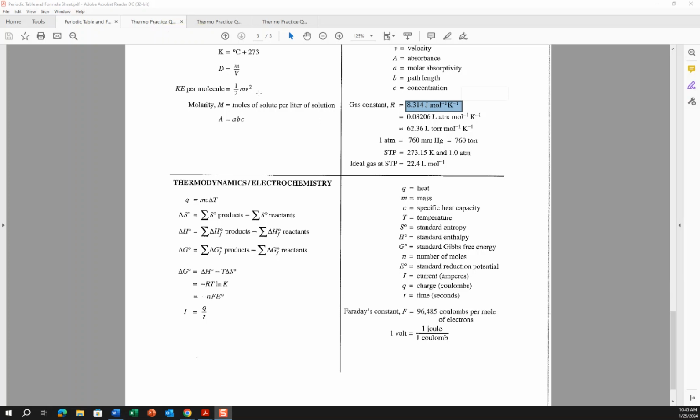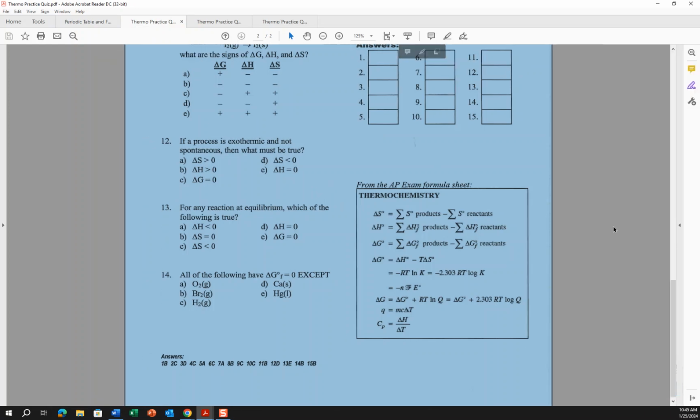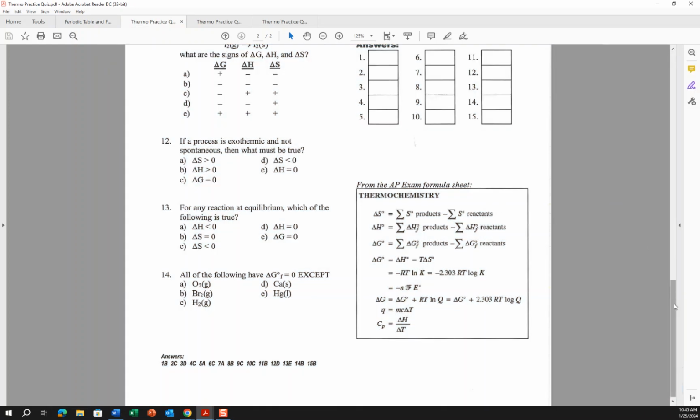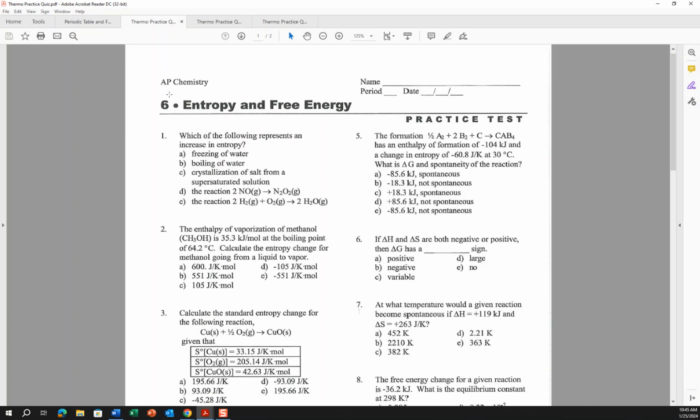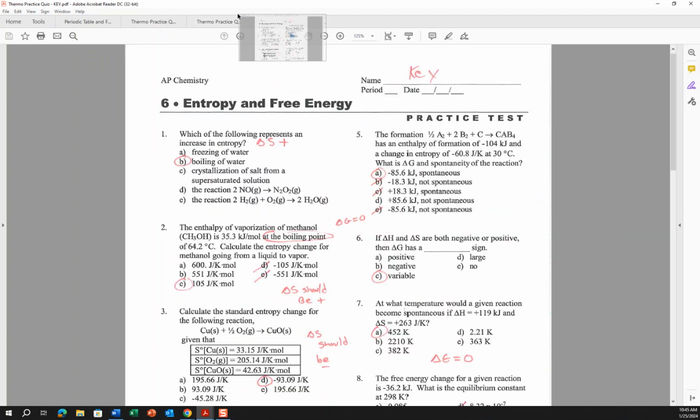All right. So again, if we look at this practice quiz, the main focus is entropy and free energy, but enthalpy, delta H, comes a long way.